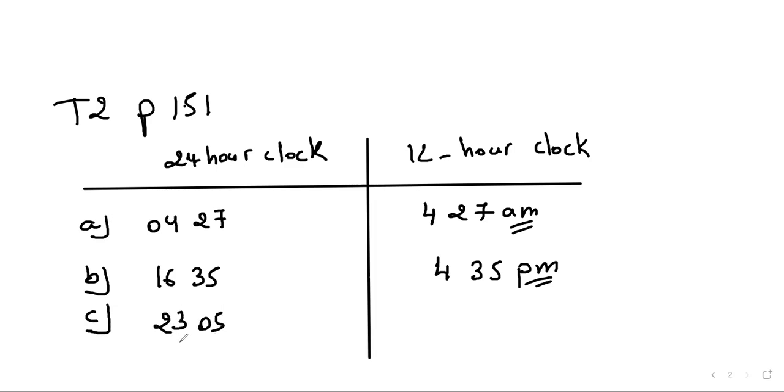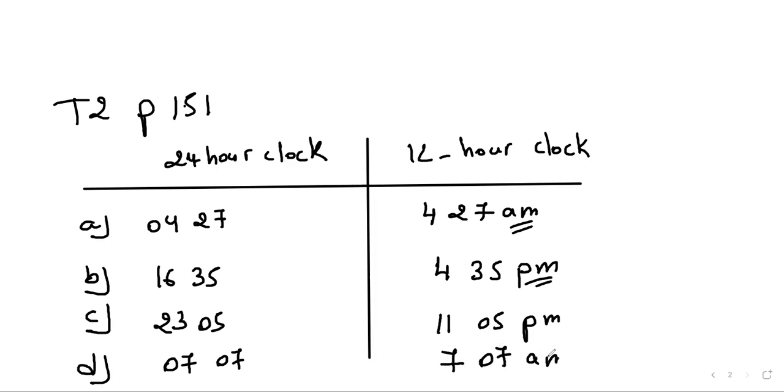It means it's 11:05, in the night, so I write 11:05 p.m. The last one I have 07:07. It's 7 in the morning, so I write 7:07 a.m. So this is for task 2.